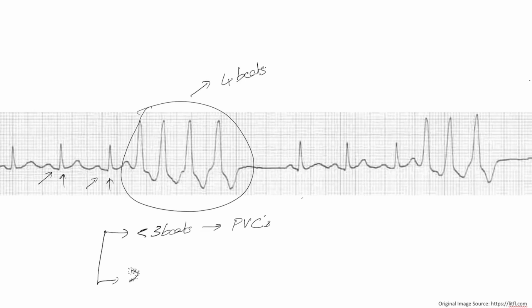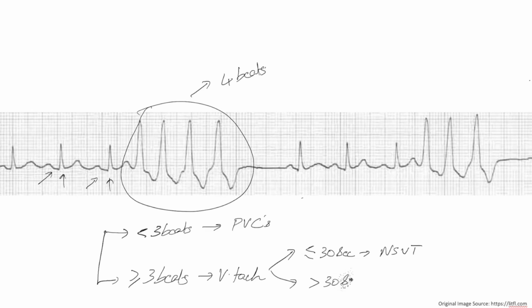And if you see 3 or more beats, it would be considered ventricular tachycardia. Now, if it's less than or equal to 30 seconds in duration, it would be considered non-sustained ventricular tachycardia. And if it's lasting more than 30 seconds, it would be considered sustained ventricular tachycardia.